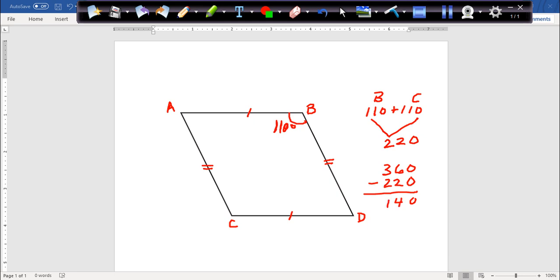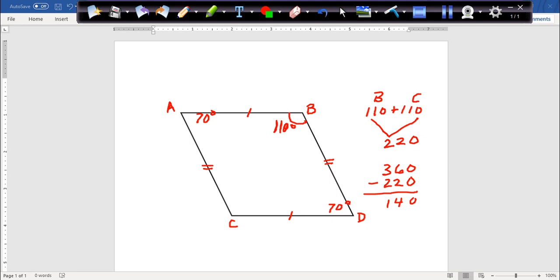So A and D together equals 140. Therefore, angle D must be 70 degrees. And then that tells us that angle A is also 70 degrees. So angle A equals 70 degrees. That's what they want to know.